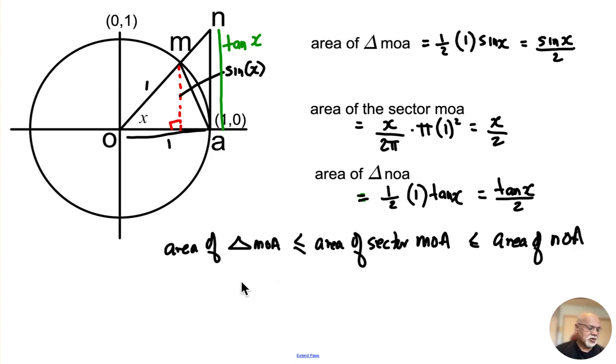Well, now we can substitute all the values we found. The area of triangle MOA was just sine x over 2. So that would be less than or equal to the area of the sector, which is x over 2, which would be less than or equal to the area of NOA, which was tan x over 2.